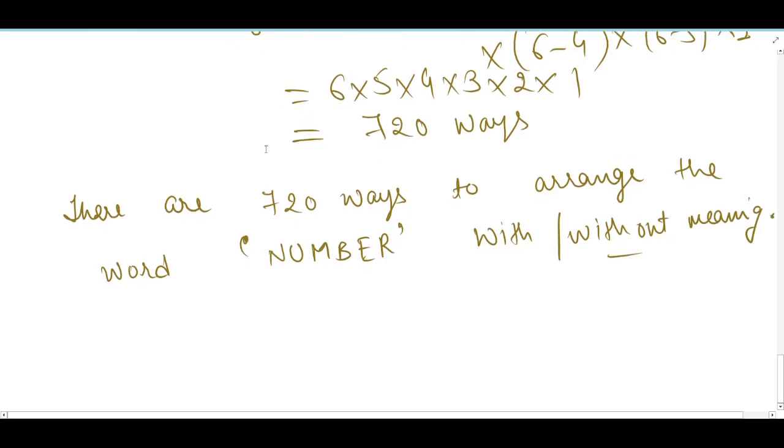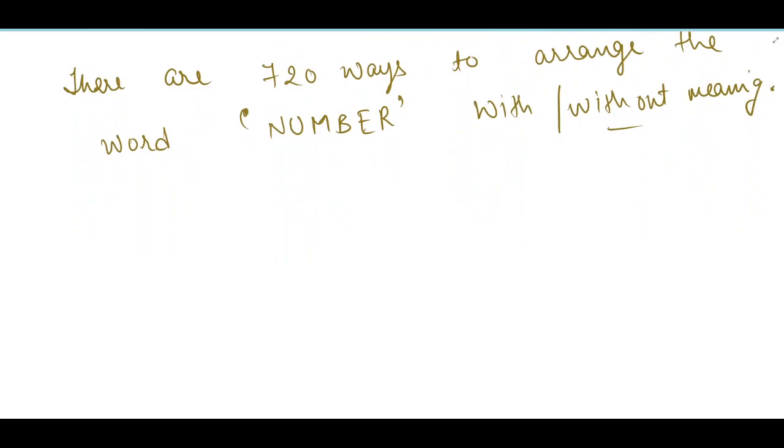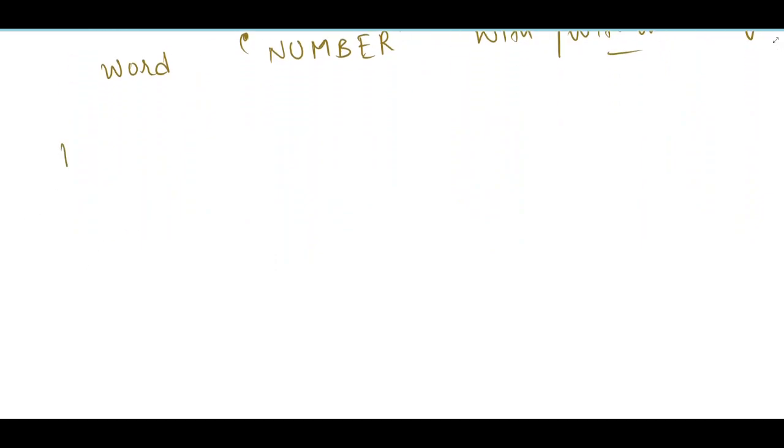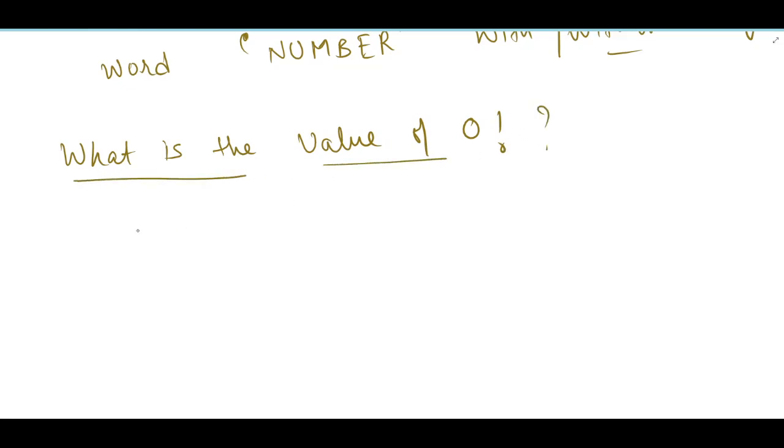So this was about factorial. Next is, what is the value of 0 factorial? So the value of 0 factorial is equal to 1.